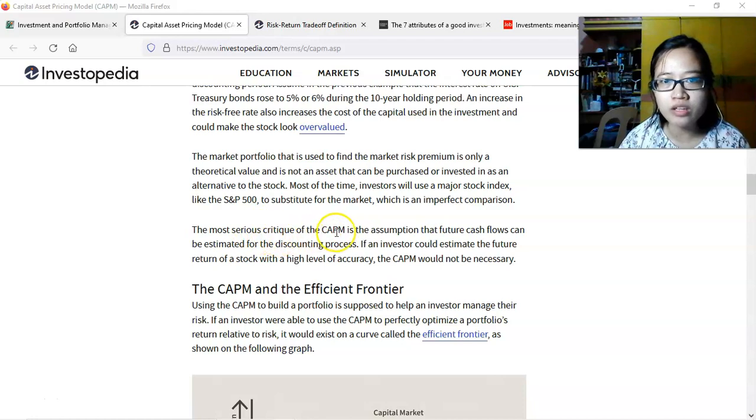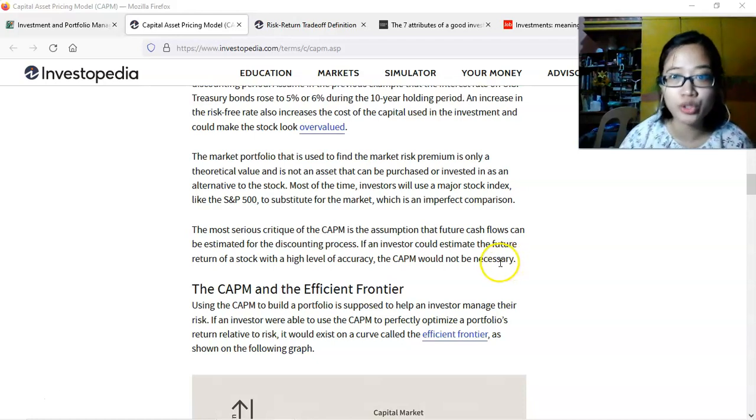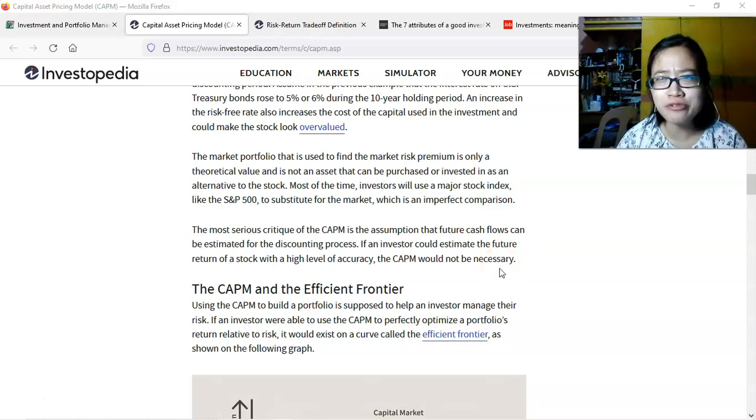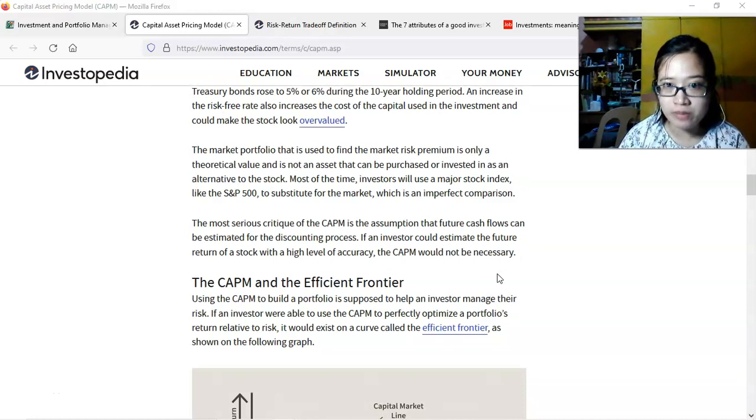The most serious critic of the CAPM is the assumption that future cash flows can be estimated for the discounting process. If an investor could estimate the future return on a stock with a high level of accuracy, the CAPM would not be necessary, right? Which is true, okay? So, kumbaga, ito na yung best possible way to compute for the expected return on an investment, alright?